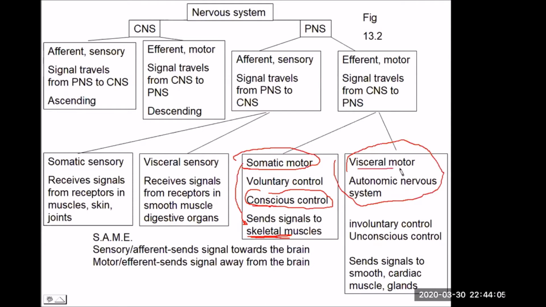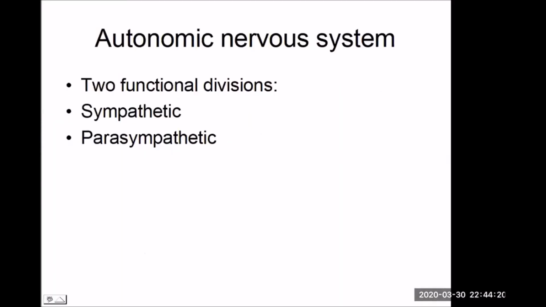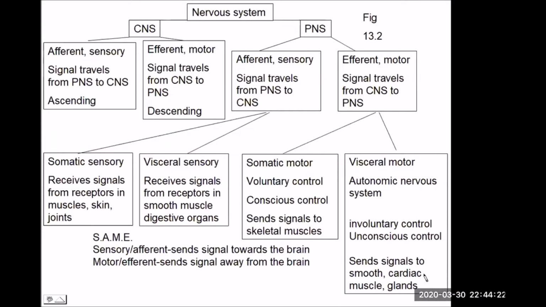Visceral motor or autonomic nervous system, the opposite here of conscious, this is now an involuntary or unconscious level of control. So the example here, of course, would be the motor function to keep your heart beating, smooth muscle that's in your arteries or veins, or any type of glands.